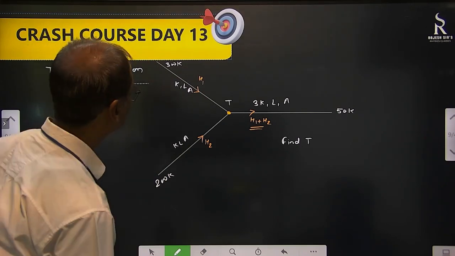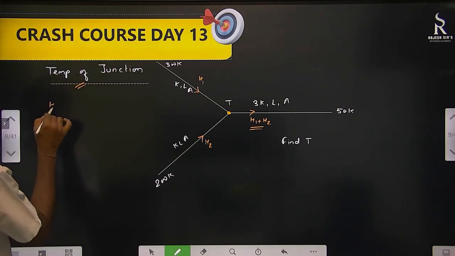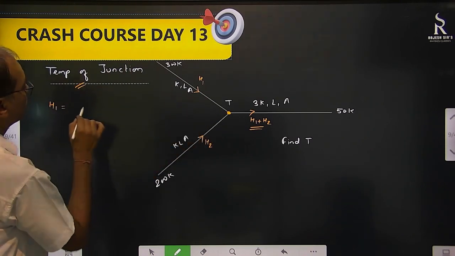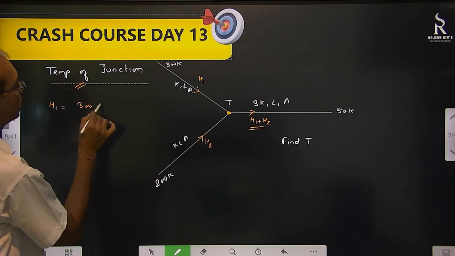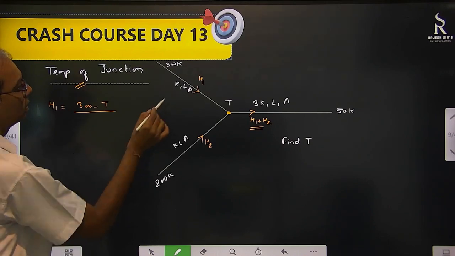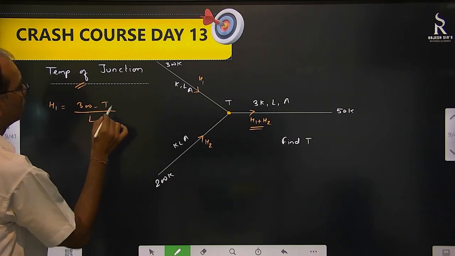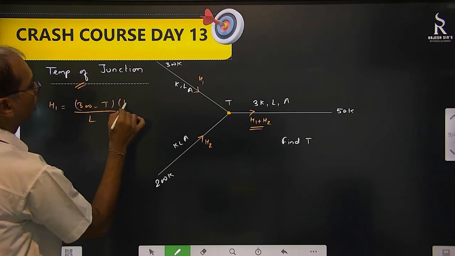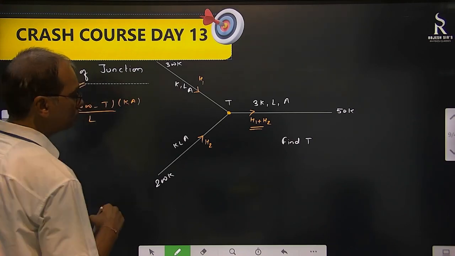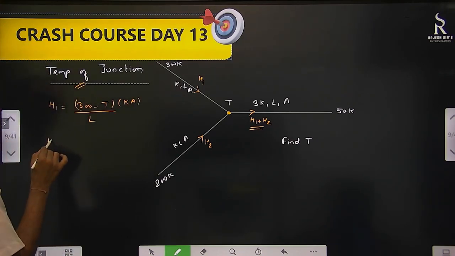Correct. What is H1? This junction is at T, so the temperature difference is 300 minus T, divided by resistance L by KA. So H1 is 300 minus T into KA by L. What is H2?